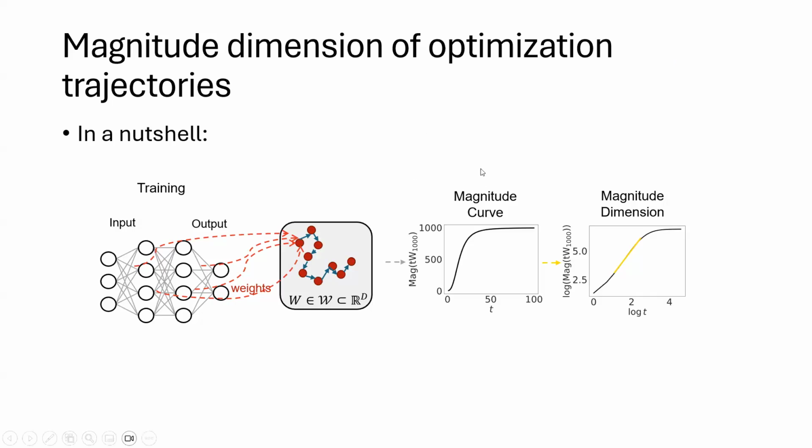Thank you for the wonderful talk, Rayna. I maybe missed it. The computation of magnitude dimension depends on the number of points you consider, right? If you could say a little bit about how it depends, if it depends. Well, magnitude depends on the number of points. The dimension doesn't.